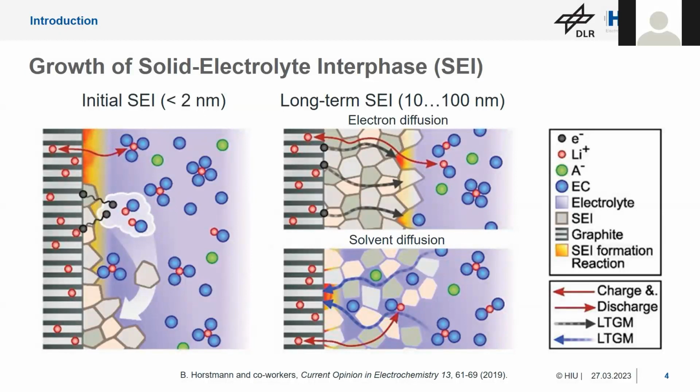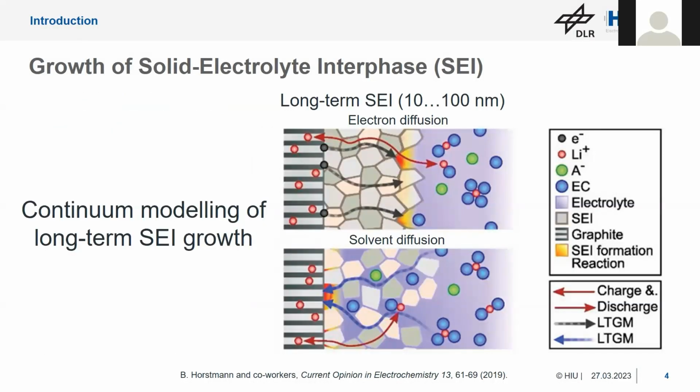So initial SEI and long-term SEI. The initial SEI is governed a lot by quantum chemistry and electron tunneling and how the reactions proceed on the atomistic level. So that's not what I'm going to talk about. I will focus on the long-term growth of the SEI.